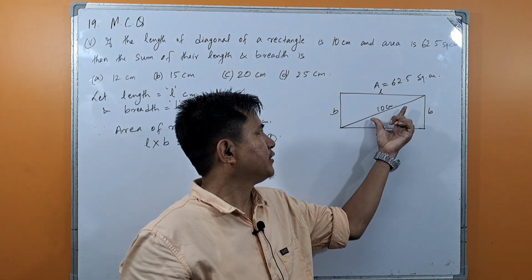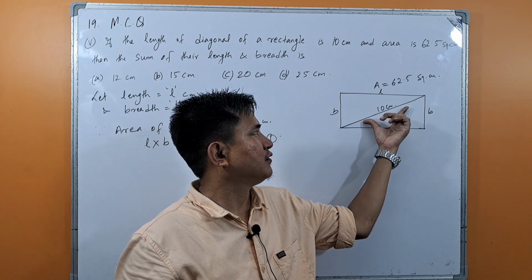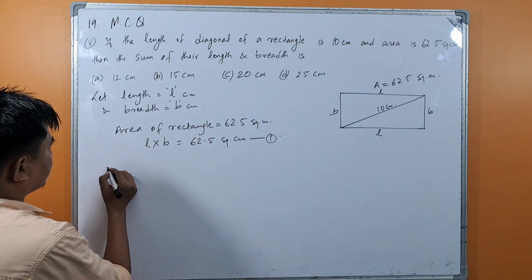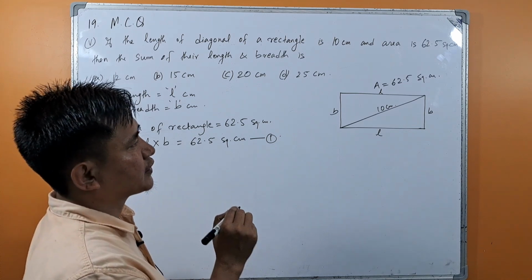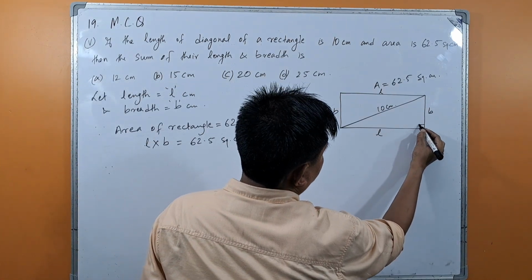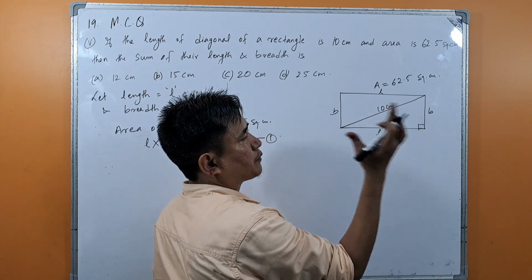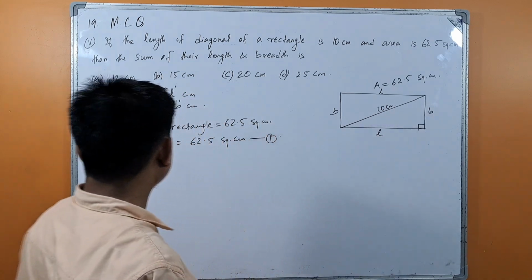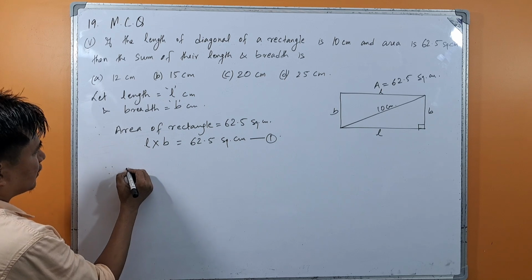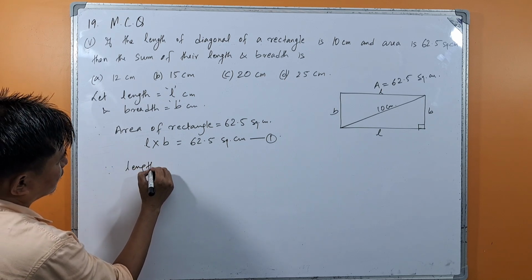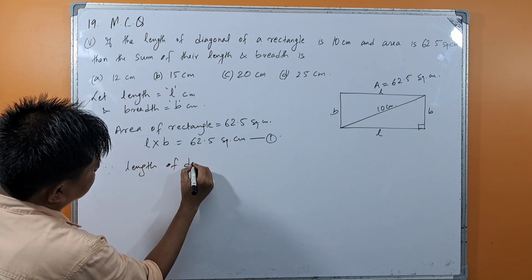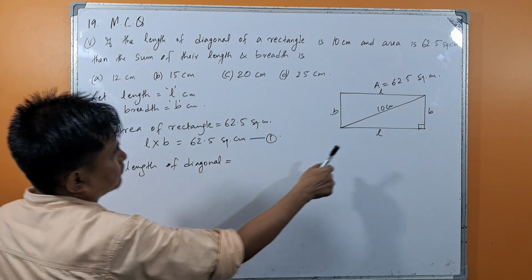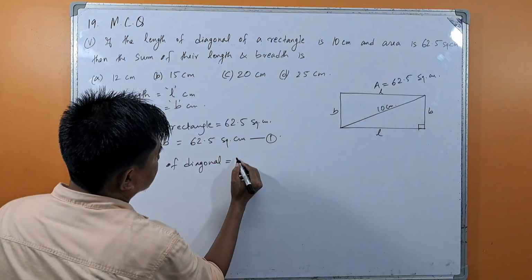Now we have the length of diagonal of this rectangle. We know the formula for length of diagonal of a rectangle. If this is 90 degree, this becomes hypotenuse. We can use Pythagoras theorem. H square equal to P square plus B square, isn't it? Since length of diagonal is given to us, length of diagonal is 10 centimeter, isn't it?